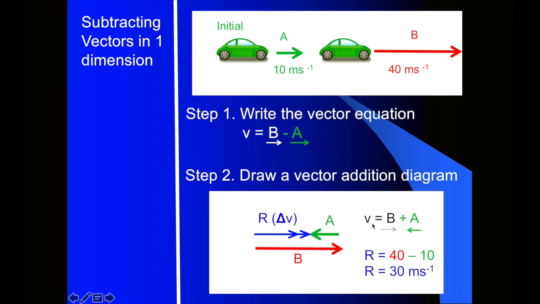When we plug in all of our numbers, we have 40 meters per second for b, and we have 10 meters per second for scenario A. Therefore, our resultant, our change in velocity, would then be 30 meters per second. And notice that it is positive, so we know that it is going in the same direction, to the right, that it is initially going.